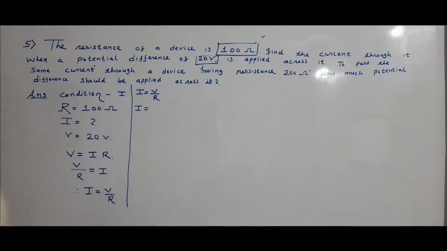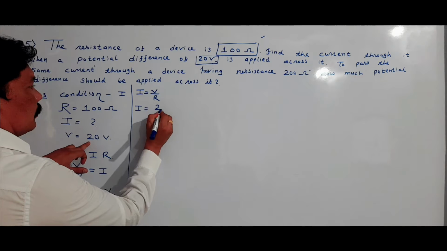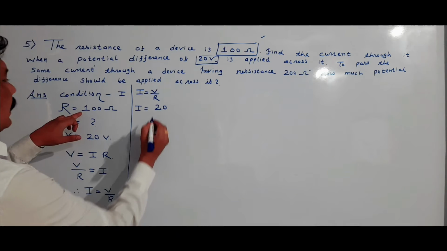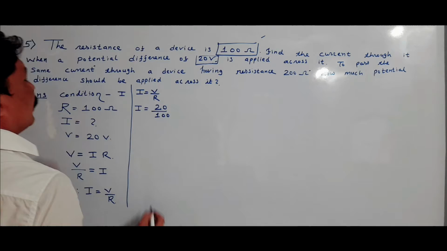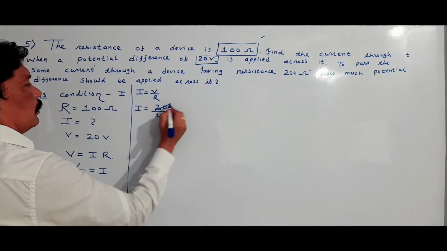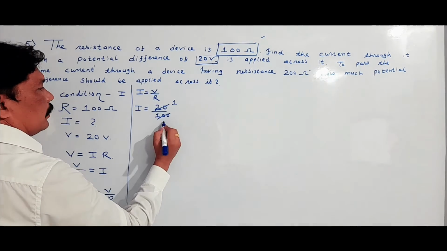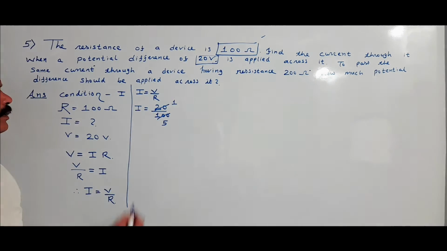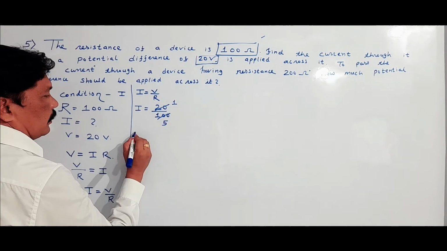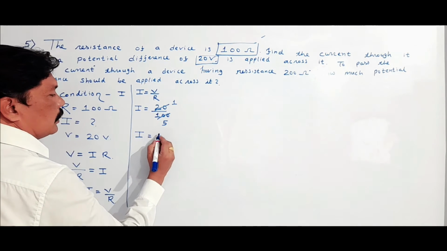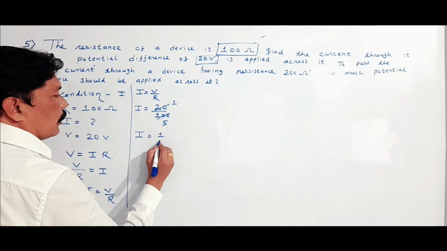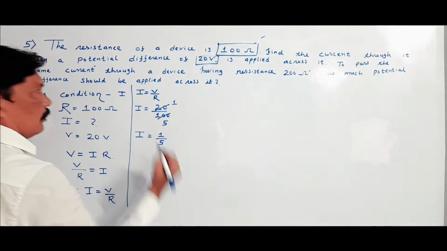I is equal to 20 by 100. 20 on the 20, 20 5 the 100. I is equal to 1 by 5.